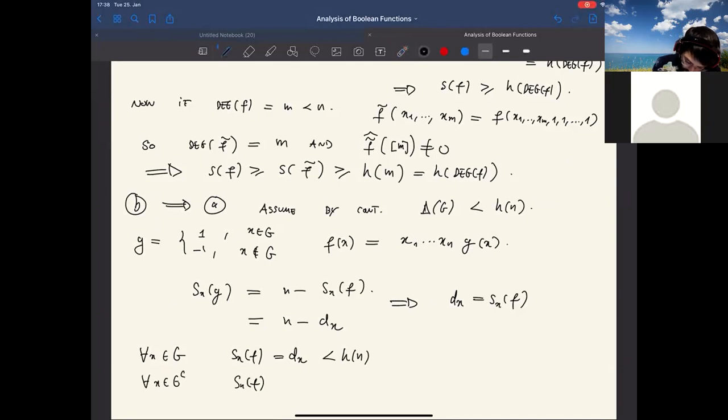And so for every x in G, you have this, and for every x outside G, you can do the same construction. This would be G complement, and so that would be less than h of n.